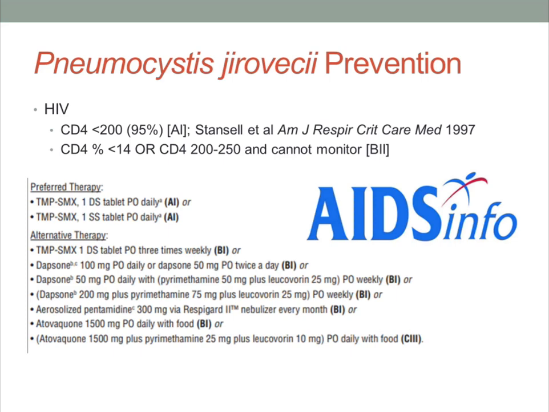Preferred therapy is trimethoprim-sulfamethoxazole. Daily is the primary recommendation, but three times a week is an alternative acceptable recommendation if you're using the double strength dosing. Other alternatives, which I think you'll know a lot of these, are dapsone, pentamidine, either IV or injected, which we do sometimes in transplant patients, and atovaquone as well.